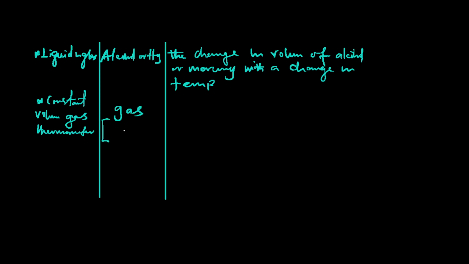I want you to understand this very well, so that whatever questions come, you don't have any issue with it. We don't have a perfect gas in practice, but gases that are close to being perfect include air, hydrogen, helium.